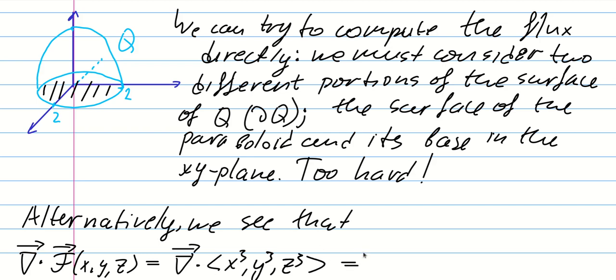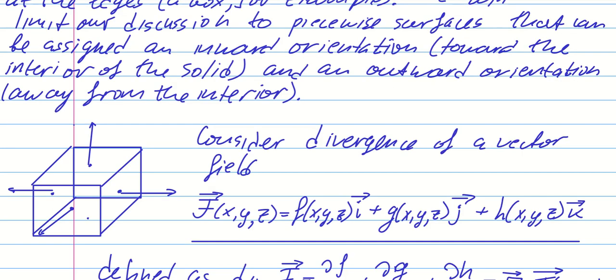So basically we just take partials, so it's 3x squared, 3y squared, and 3z squared. I wrote it incorrectly again. It should be plus and no vector sign, because that's a dot product, so it's a summation. And we can use the divergence theorem.